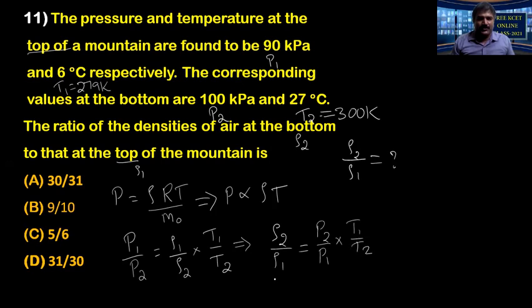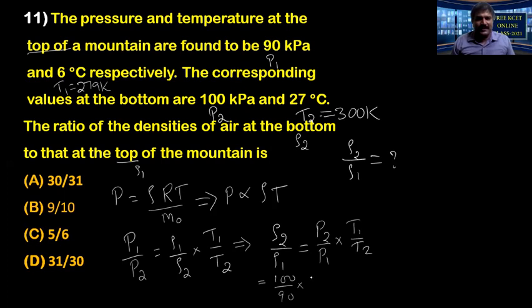Now substitution will give you the answer. P2, the pressure at the bottom, is 100 kilopascal divided by P1, which is 90 kilopascal. Kilopascal cancels. Whenever it comes as a ratio, no need to write 10 power 3 always.